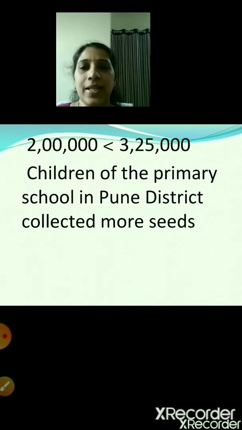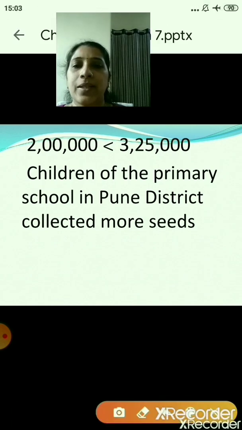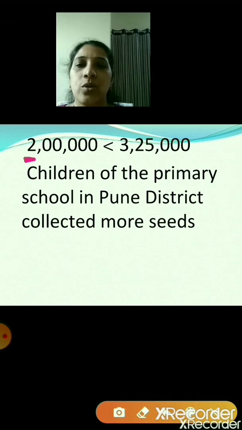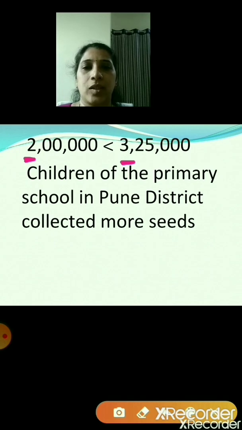This left hand side is 2 lakh and to your right hand side is 3,25,000, right? So first you are going to see both the sides how many digit number it is. Both the sides it is a 6-digit number. So you will start the comparison. The first digit is 2. Here the first digit is 3. So 2 is smaller than 3.